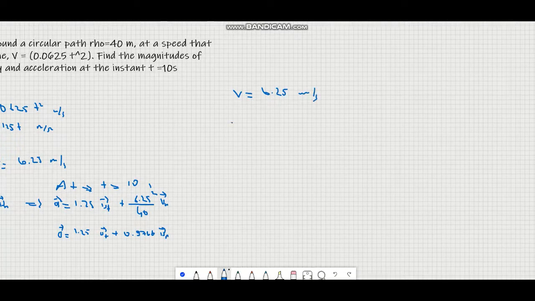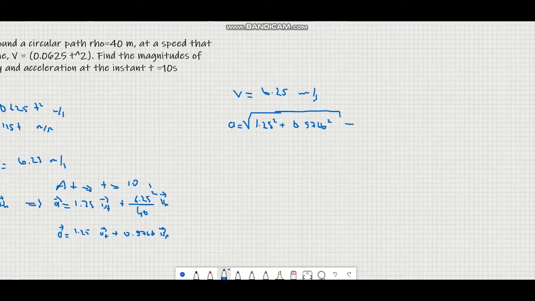For acceleration, I need the square root of 1.25 square, which is the tangential direction acceleration squared, plus 0.9766, which is the normal side acceleration squared.